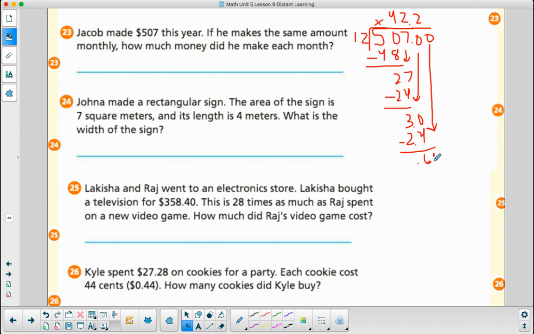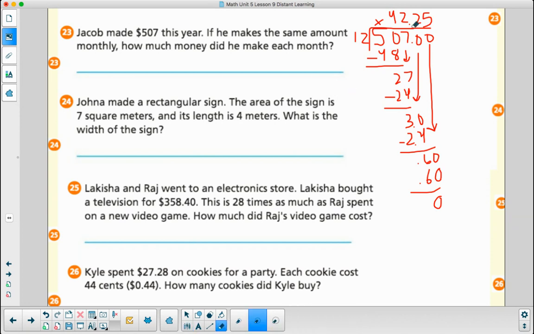And that makes 60 hundredths. If I had 60 cents and I was going to put it into 12 groups, they would have 5 in each group, because 5 multiplied by 12 is 60. So 5 hundredths multiplied by 12 is 60 hundredths. Leaves me with 0.